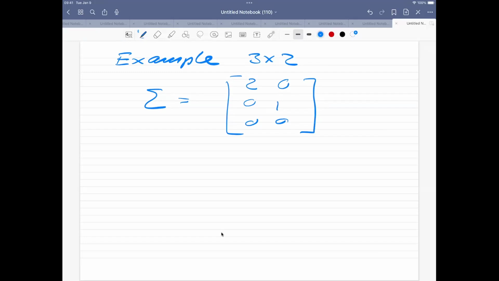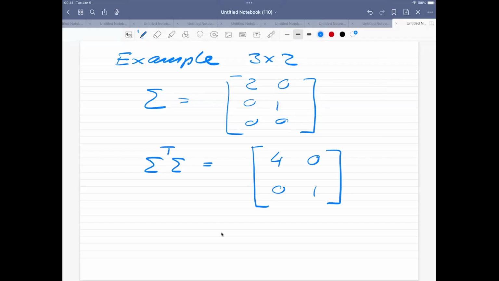So if you now just do some playing around with these equations here, you can see now that if you multiply sigma transpose with sigma, this is something which looks like 4, 0, 0, 1.